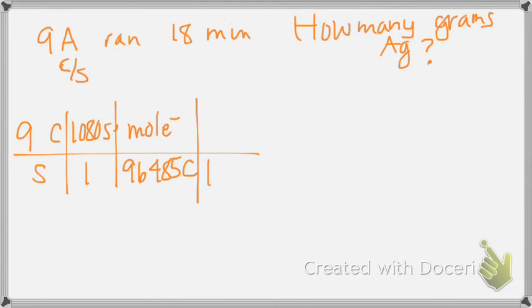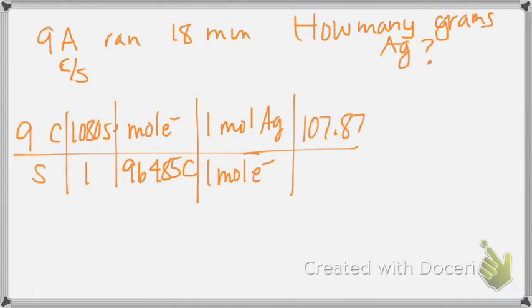And then, of course, 1 mole of electrons is produced from 1 mole of silver. And then 107.87 grams per 1 mole of silver. It's kind of the same thing, it's just backwards, but I thought it would be a good thing for you to see. And so now we're going to plug that in.